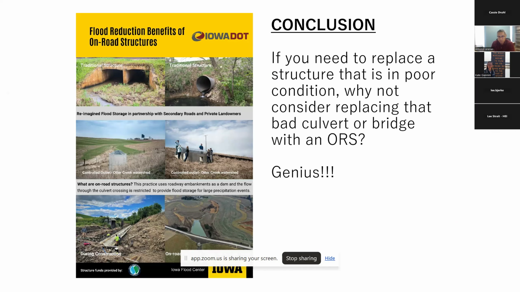So my end of this is always the same. If you've got a structure like this that looks like your average everyday crossroad pipe, and it needs to come out for whatever reason, or you just want to put a structure like this in, consider these. They will not work everywhere. There are so many things that have to come into play to get them in. But if you can get them in, they make a difference, and it doesn't matter their size.